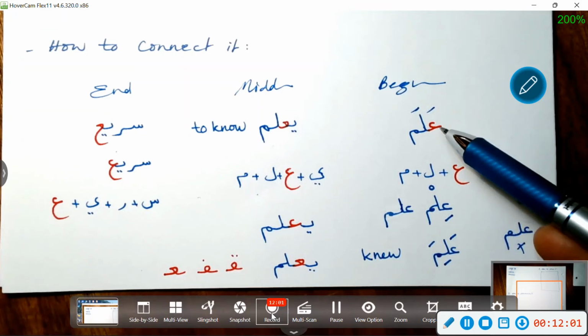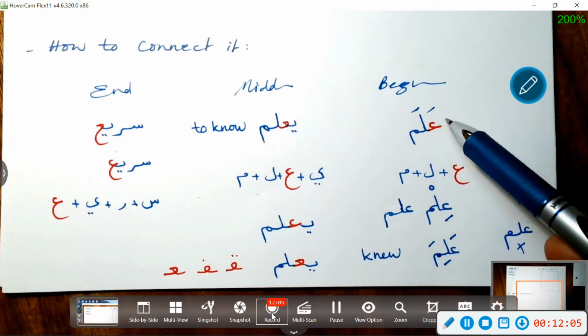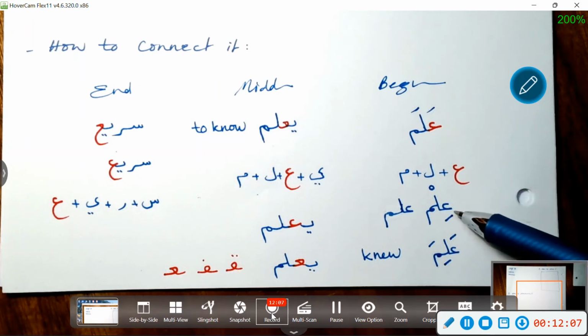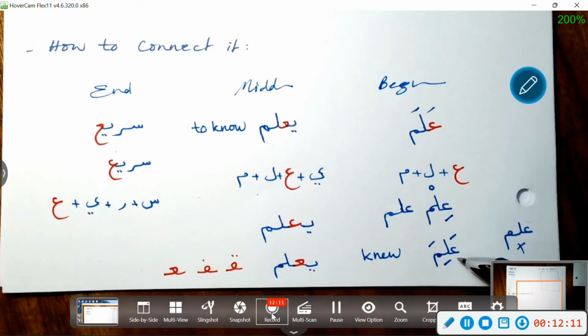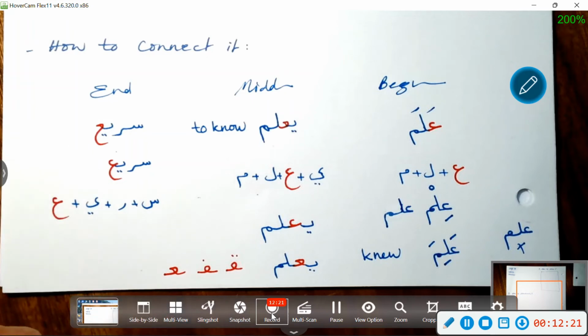Alam or ilm or alima. Alam means flag. Ilm means science or knowledge. Alima, it's a past tense form of to know. Sariya, fast. Fast.